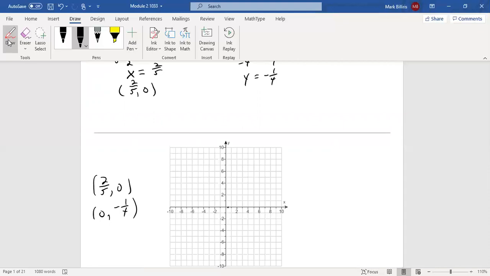So our x-intercept is going to be at 2/5, 0. And our y-intercept is at -1/4. So again, not to 1, it's closer to 0. So we put in the point there, and we're going to connect these 2 points with a straight line.